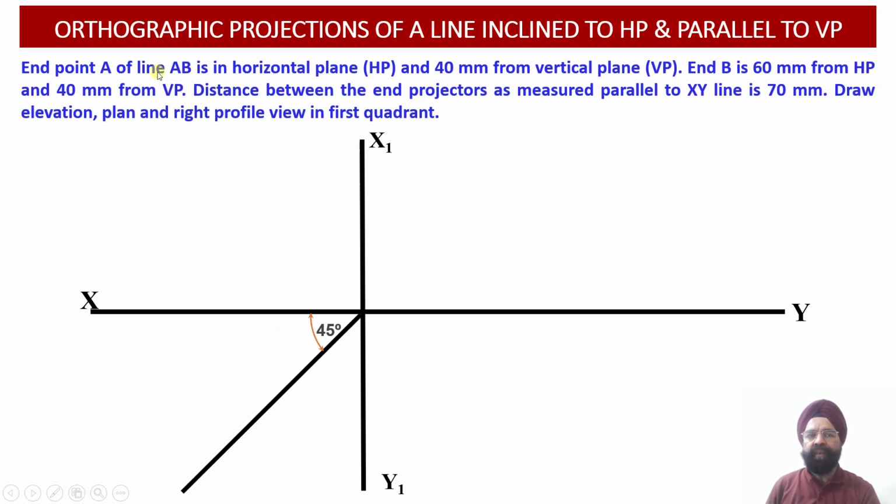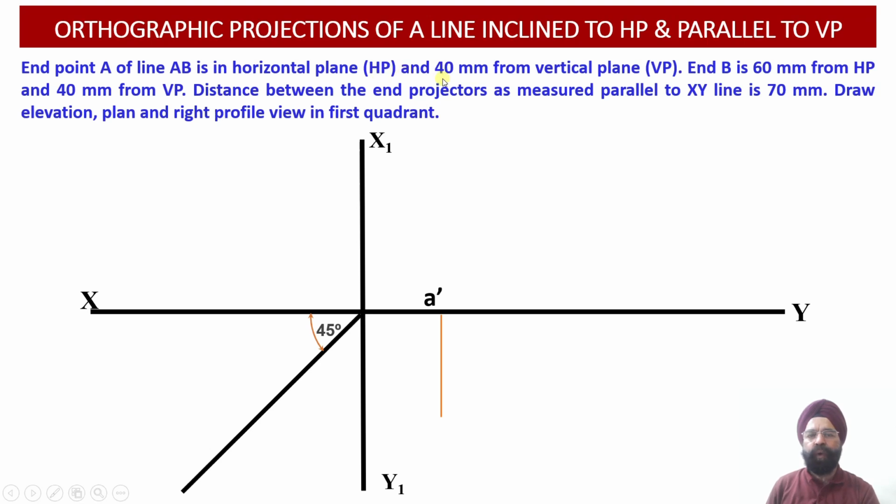Now here we know that the end A of the line is lying in the horizontal plane. So the point A dash will be located onto the XY reference line. The front view of the end A lies on the horizontal plane, or on the XY reference line, and we are assuming that this line is lying in the first quadrant.